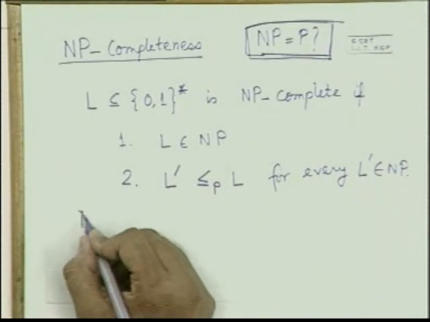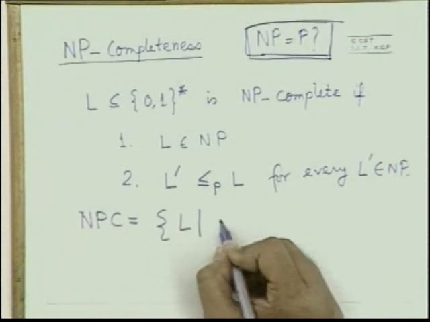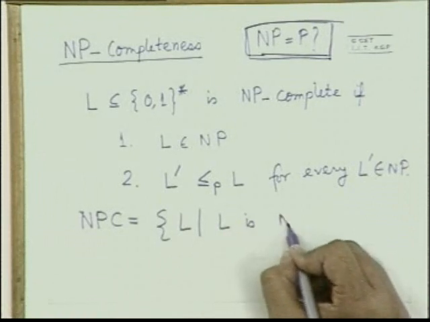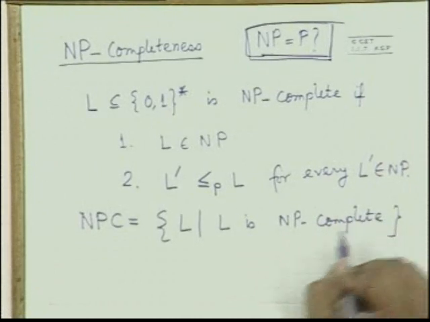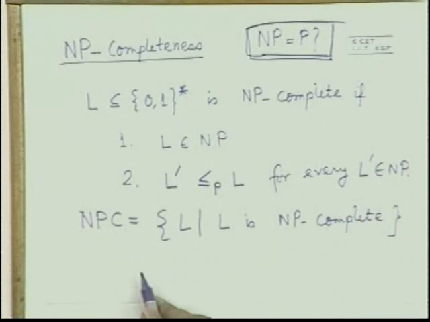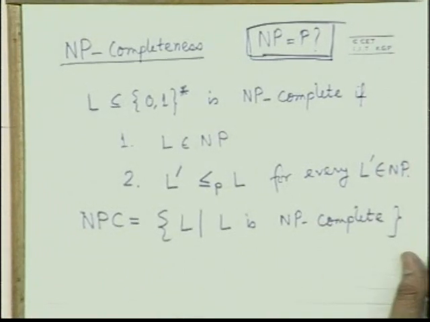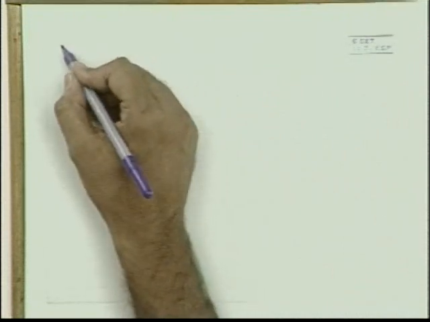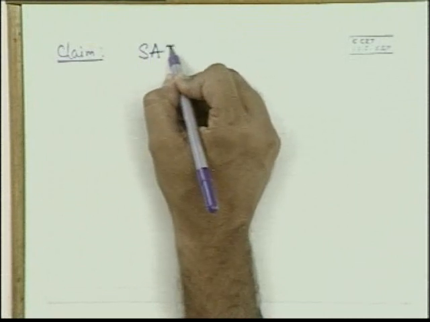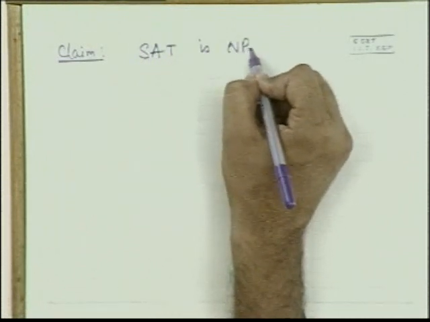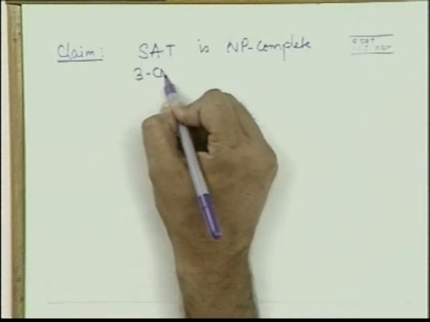So let me define the NP complete class. NPC is the set of all languages L where L is NP complete. So this is the NP complete class. This is the claim: I already told you that SAT is NP complete. 3CNF SAT is NP complete.